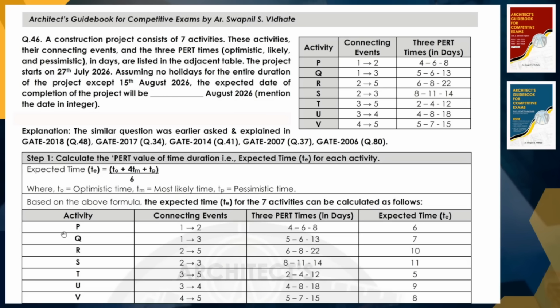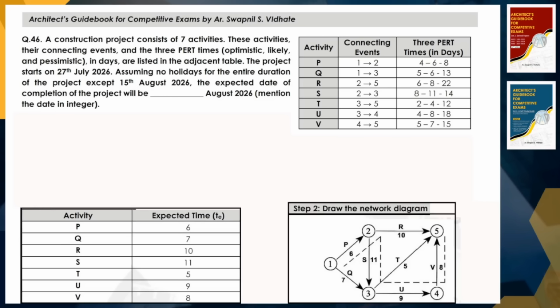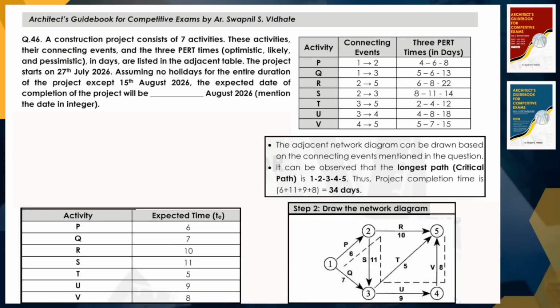Now, based on these activities and the expected times, we can draw the network diagram as you can see on your screen. The diagram given below can be drawn based on the connecting events provided in the question, and we can observe that the longest path, the critical path, will be through events 1, 2, 3, 4, and 5.